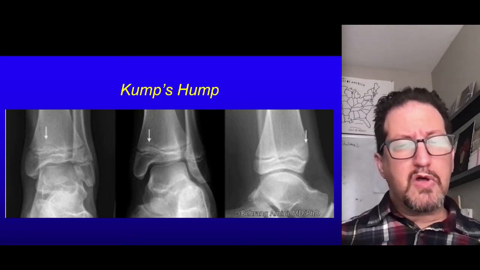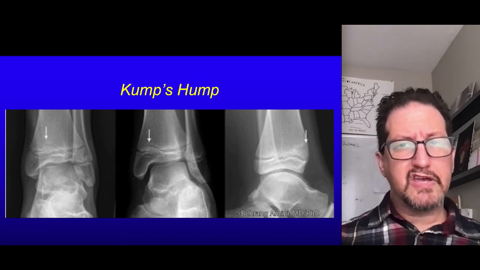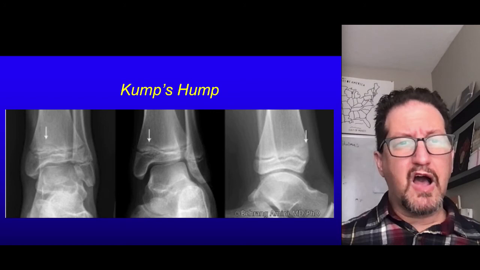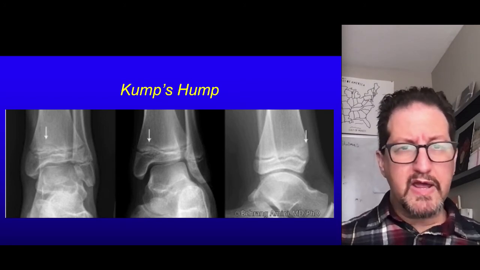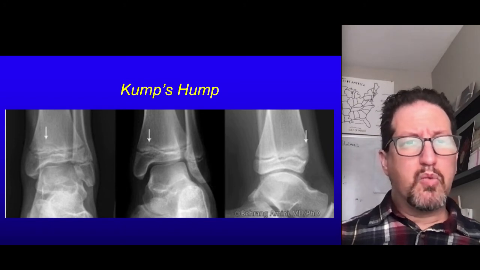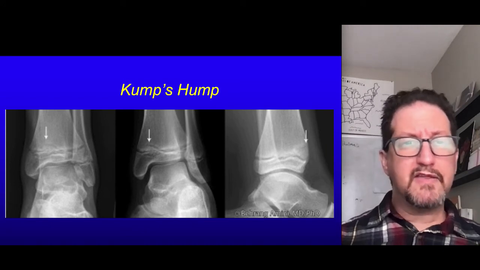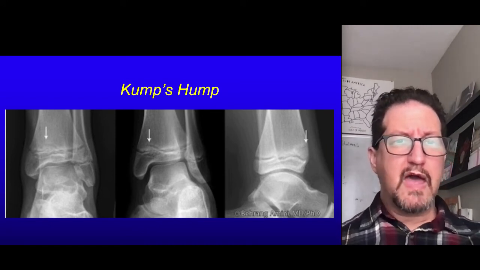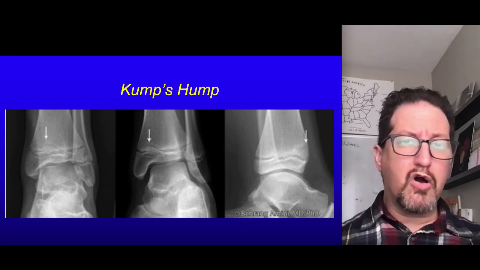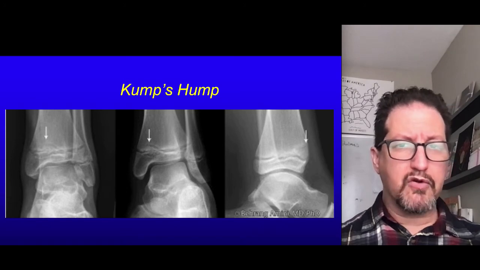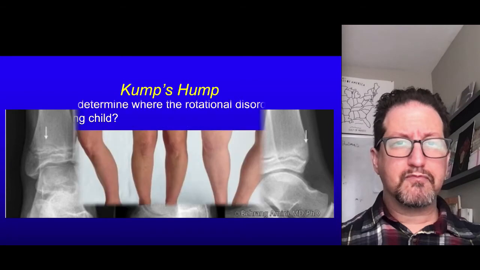This is normal, and the reason it occurs is because this is the first area of ossification. When you start to see ossification begin, at around that 15-year-old range, you may see a Kump's hump. And again, you don't want to misinterpret this as a fracture of the epiphysis and call this a Salter-Harris 2 fracture. This is just normal, so don't mistake that.